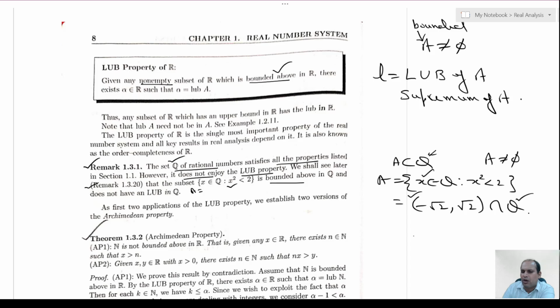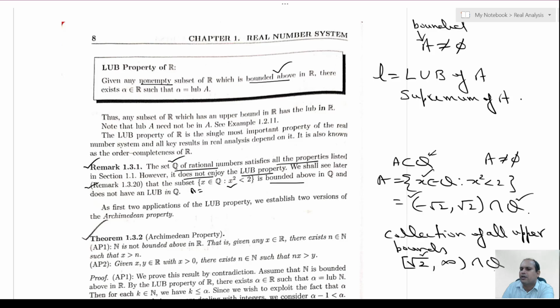So if I am talking about the collection of all upper bounds of this set, I can write it as root 2 to infinity. Root 2 is not rational, so I can write it in this way. So every rational number greater than root 2 is its upper bound.